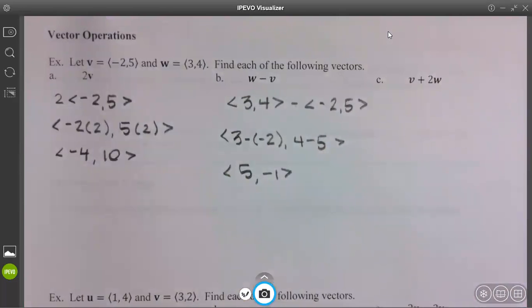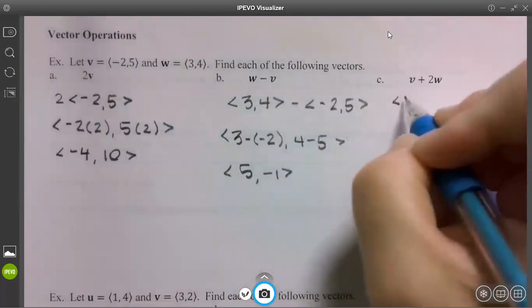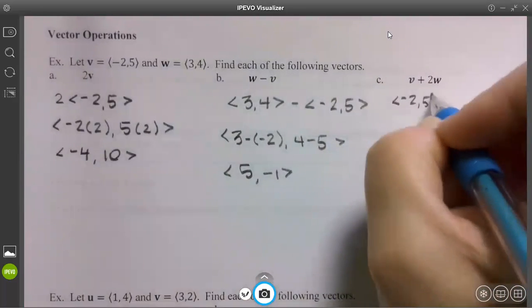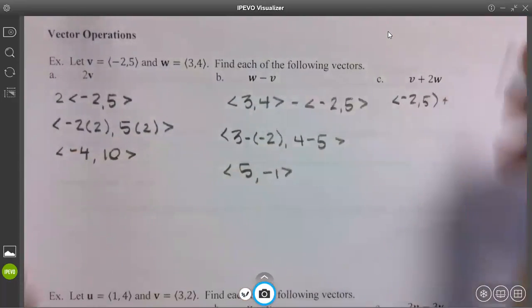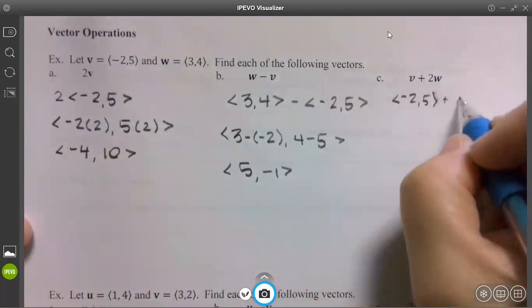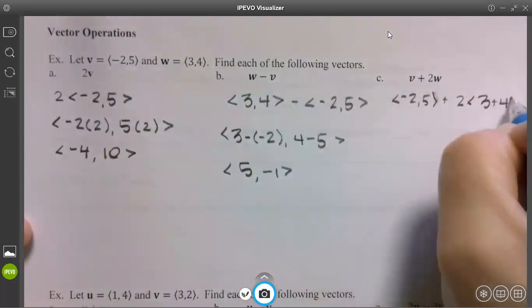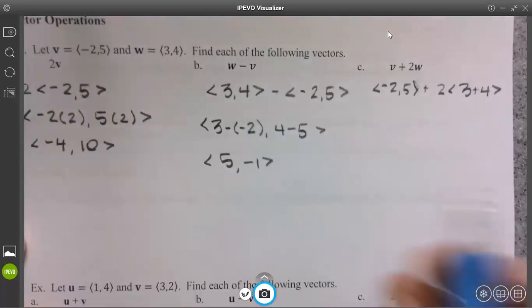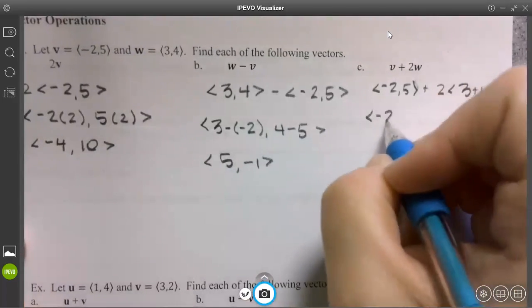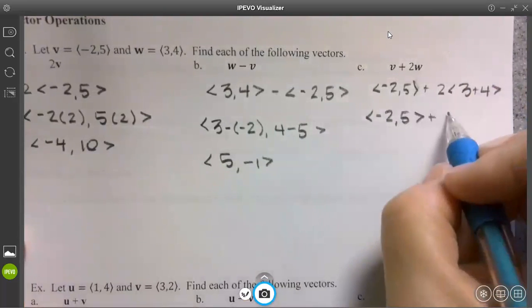Same thing on the next one. If you were doing order of operations, you would do that 2 first. So that's what we're going to do. We're going to start with our v, which is negative 2, 5, and then 2 times your w, which is 3, 4. Order of operations says multiply first.